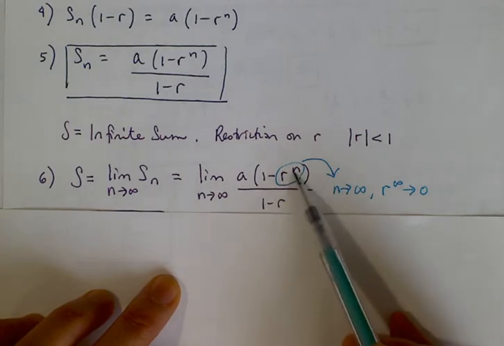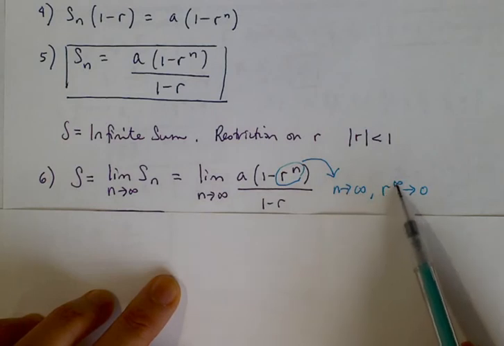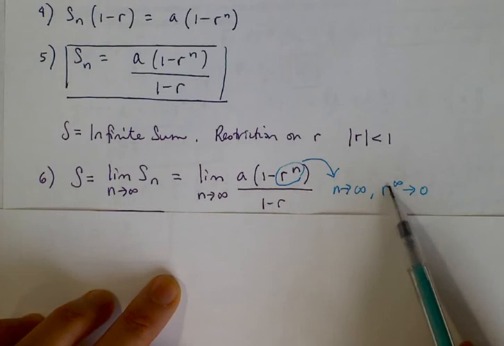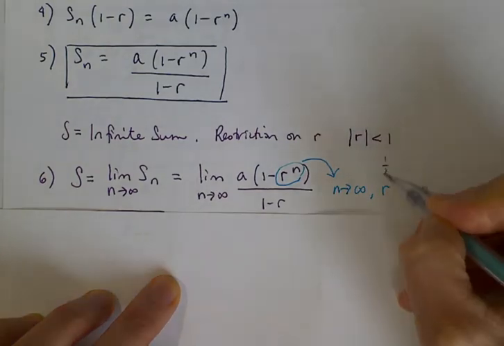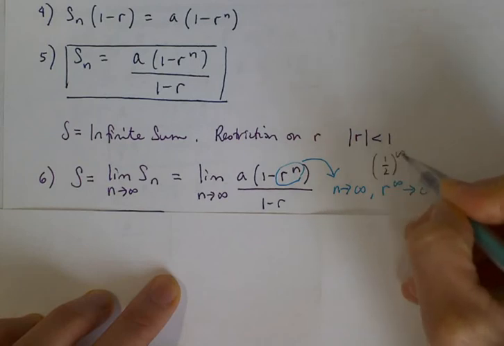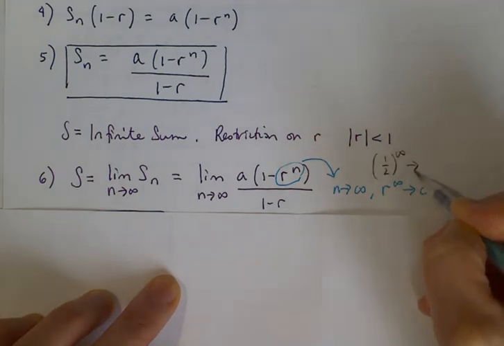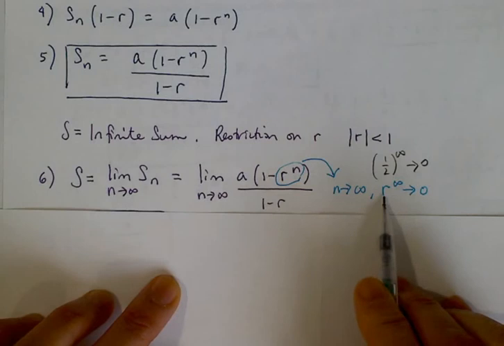So when I take n out to infinity for this particular part right here, r^n, that's r raised to the infinity of something that is a fraction. For example, this might be something like a half. If I take 1/2 and raise it to a very large number, that's going to eventually go to 0.